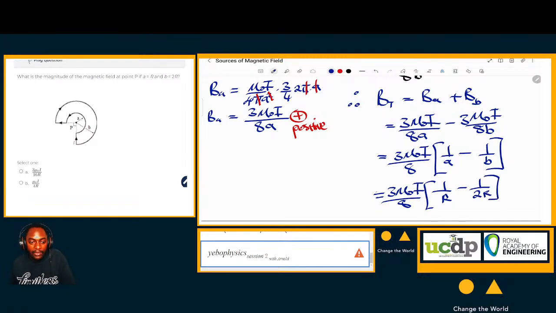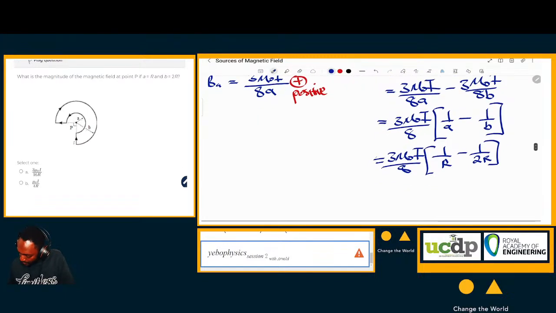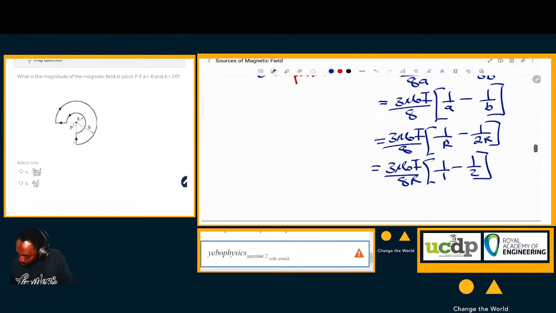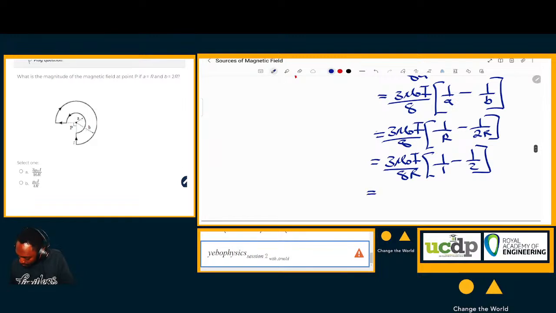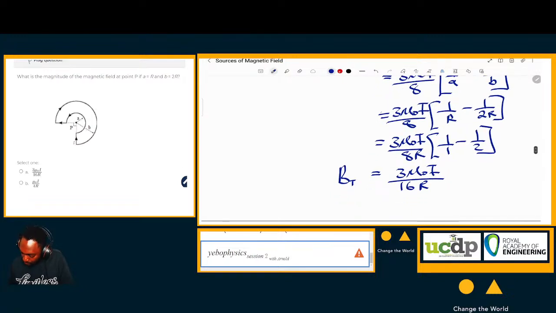We're leaving this in terms of R. So we can continue to factor out, so that becomes 3 mu naught I over 8R times 1 minus 1 over 2. So it's 1 minus half, which remains as half. So it's going to be 3 mu naught I over 8 times 2, which is 16R. So that becomes our B total.